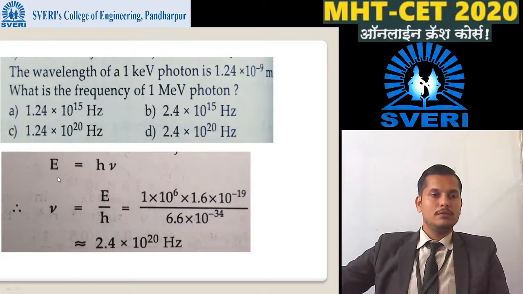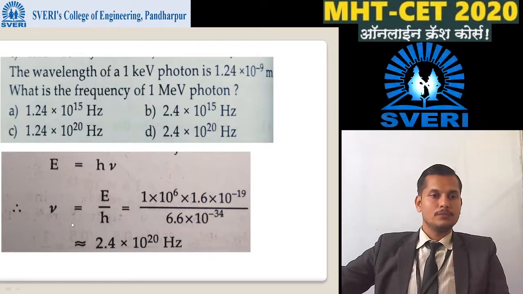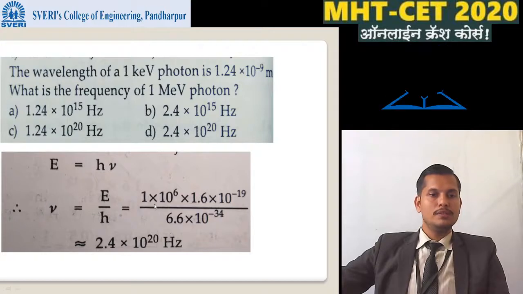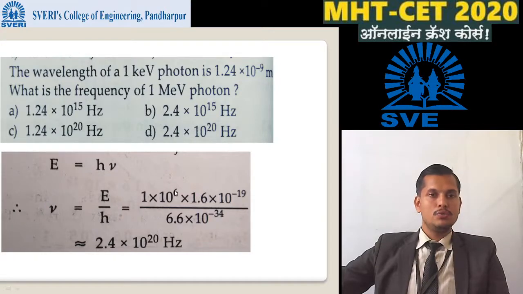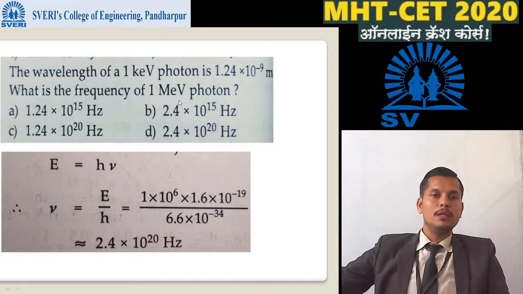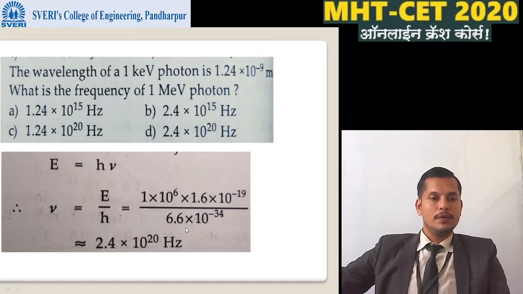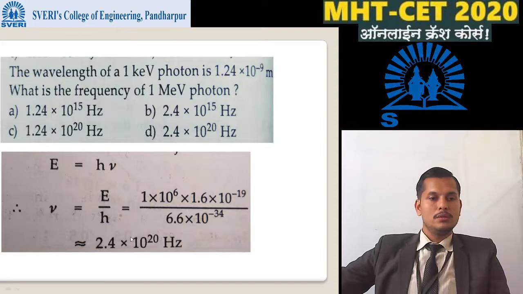For that, we know the equation E is equal to h nu, where we have to determine the frequency. Putting the value of E, 1 into 10 raised to 6 is nothing but 1 million electron volt, divided by Planck's constant. So we get the approximate answer, 2.4 into 10 raised to 20 hertz.